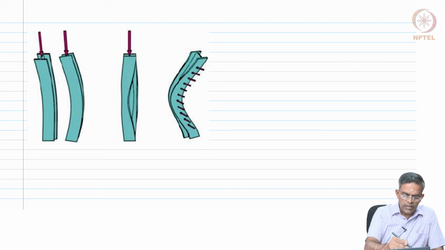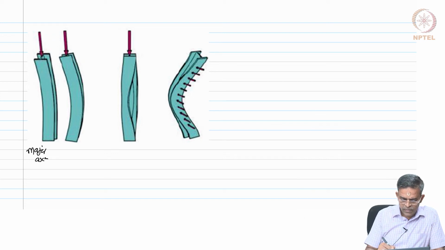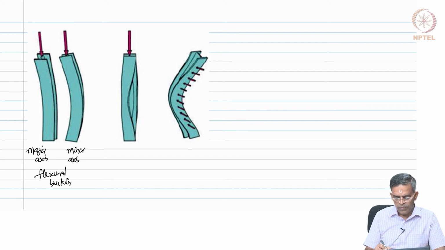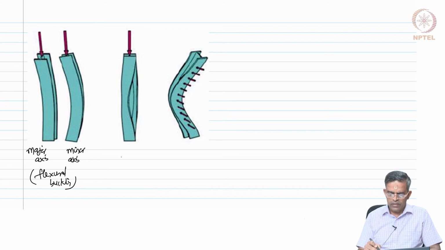This is about the major axis, this is about the minor axis, this is flexural buckling. This is torsion buckling.